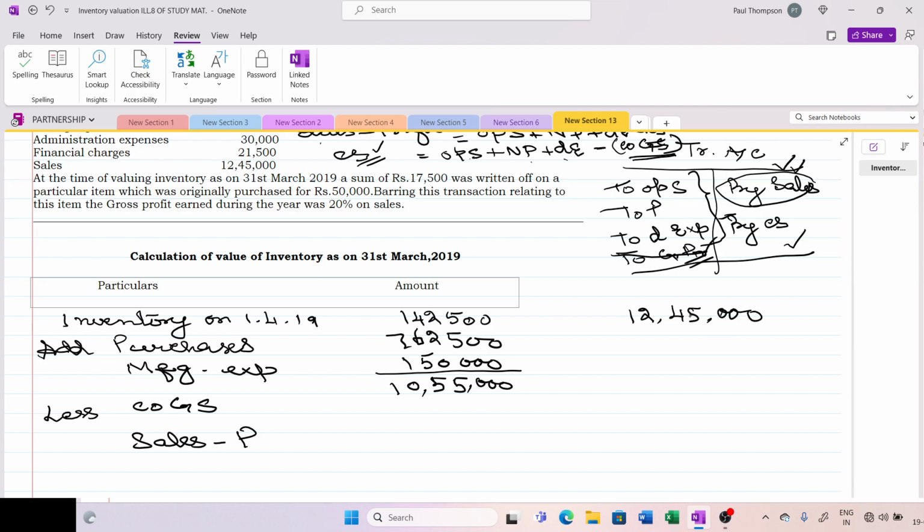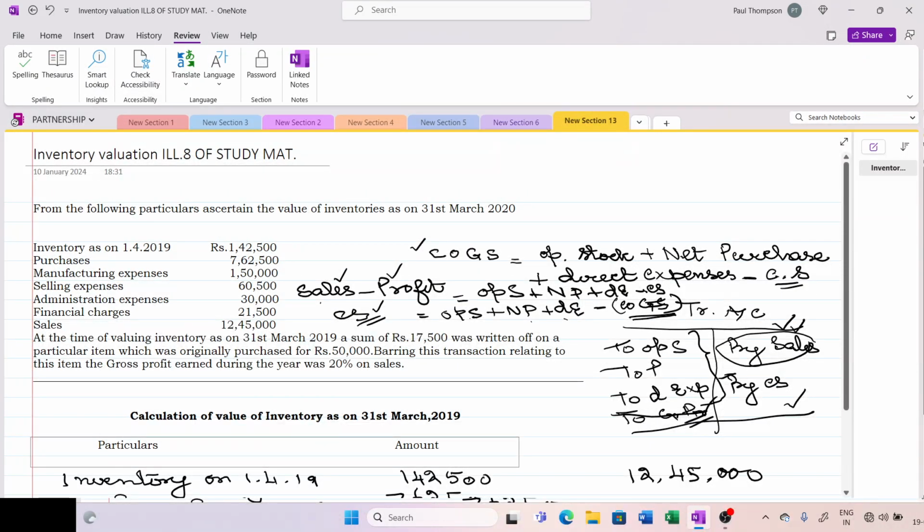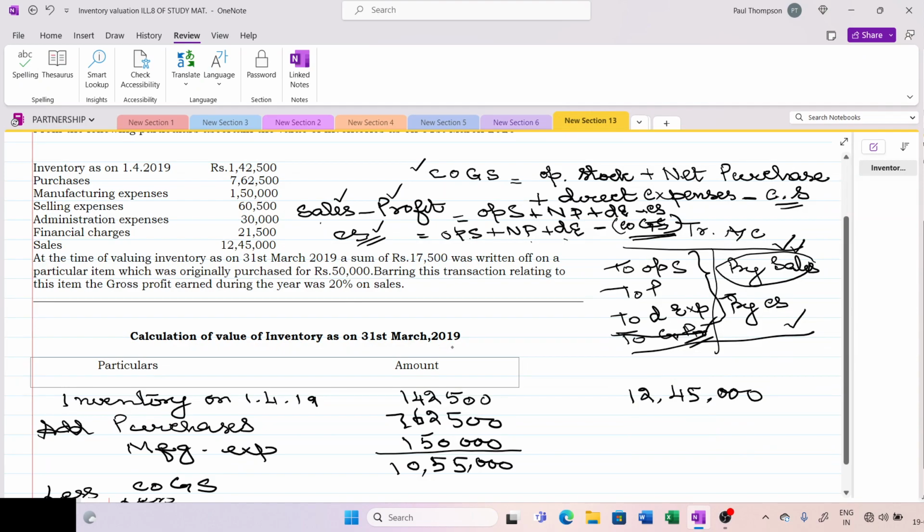At the time of valuing inventory on 31st March 19, now this is for 2020. So at the time of valuing on 31st March 19, it is in the beginning, almost on 1/4/19.